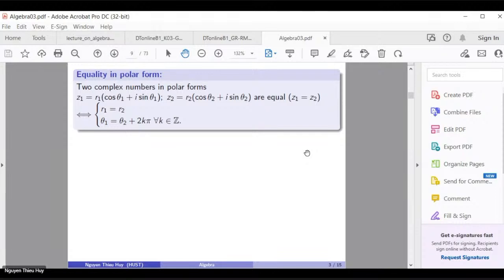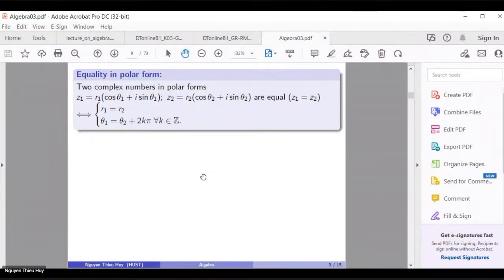When we learn about mappings, we have to see how we can compare them. What happens if we have two mappings that are equal? Or when we learned Cartesian product, or when we learned complex numbers in canonical form, right? And now we are in the situation of polar form.